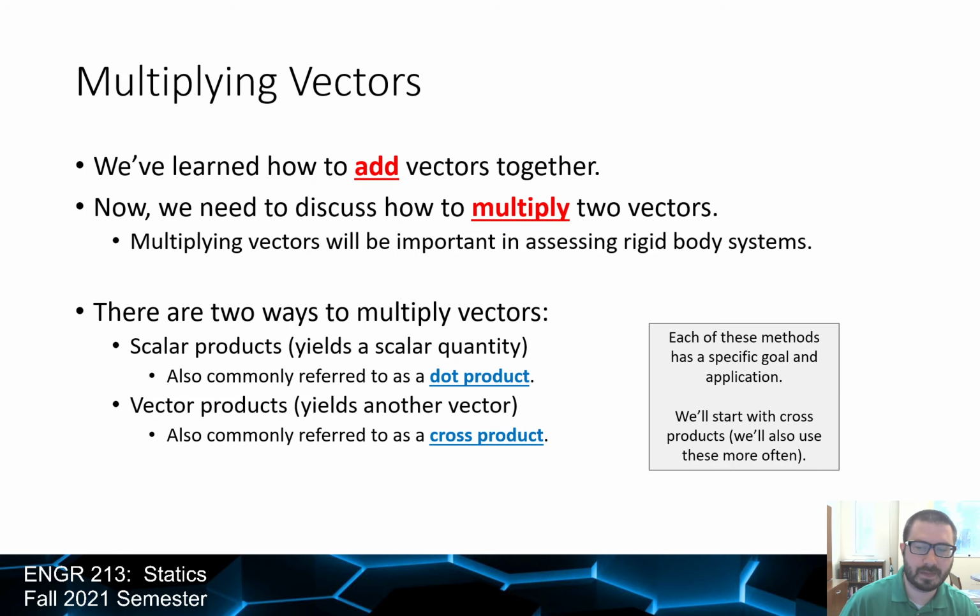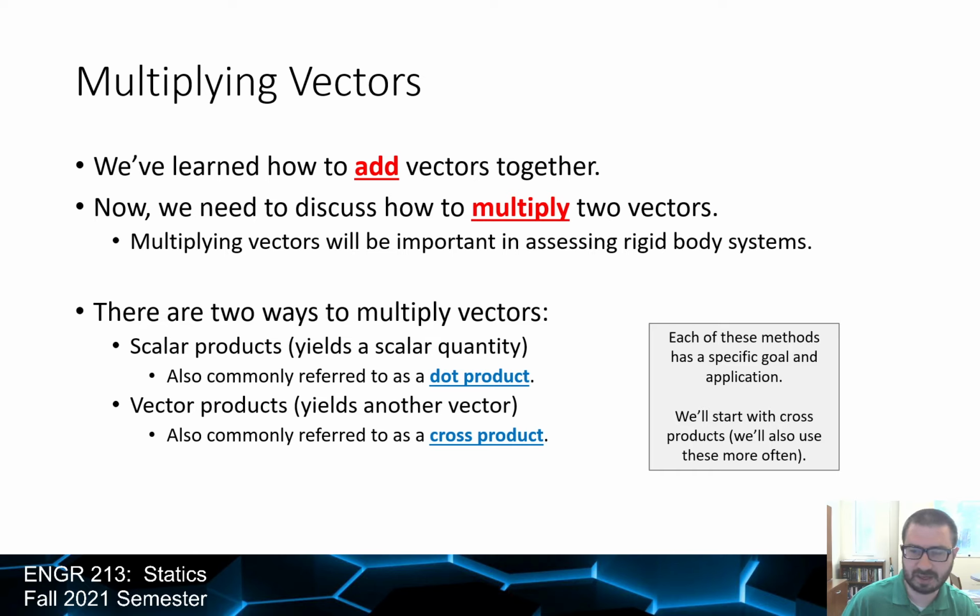So by now, I think that everybody in the class should be very, very comfortable with adding vectors together, taking vector A and vector B and adding them by components. You should also be able to take vectors and multiply them by scalars. So if you have a vector P, you should be able to figure out what 2P is and so forth. So adding vectors together, multiplying them by scalars.